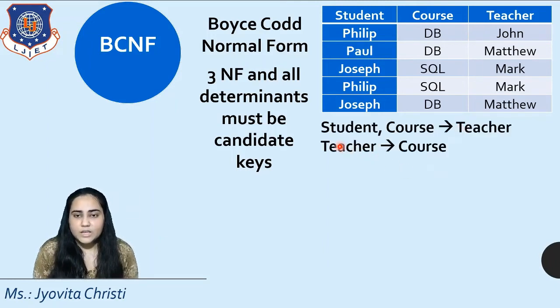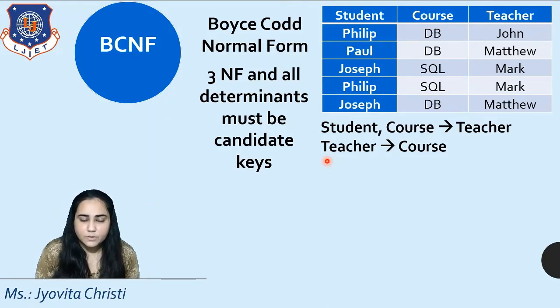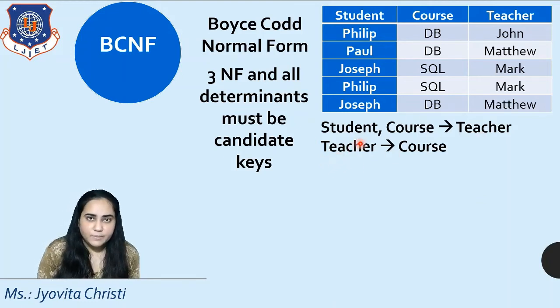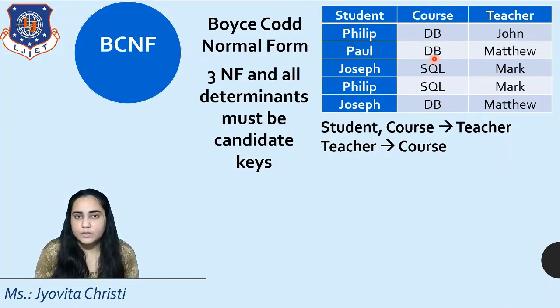Now these are the functional dependencies present here. You can see that student and course together determine who is the teacher. For example, if I say that Philip is studying database and who's teaching him, then you have one single answer, which is John. And if I ask you Philip is studying SQL and who's teaching him SQL, then also you have one single answer, which is Mark.